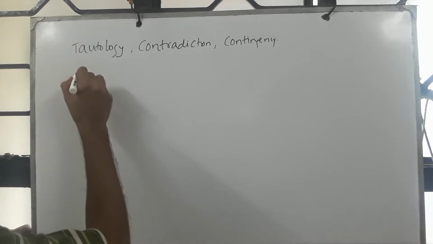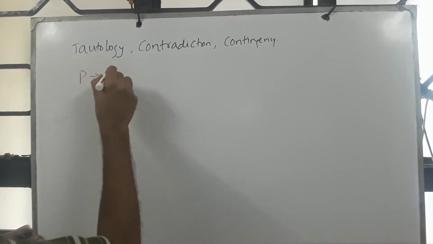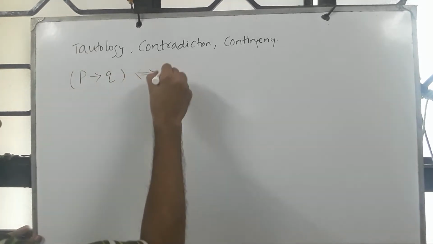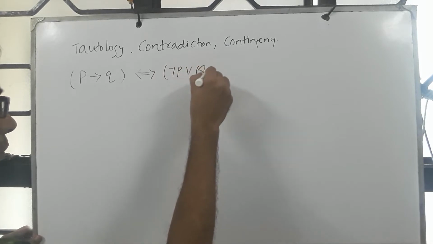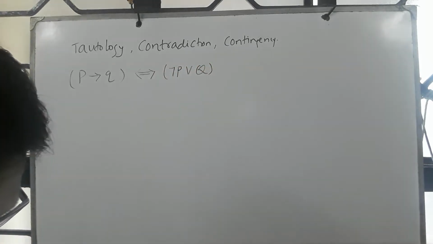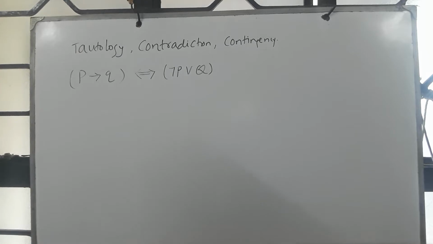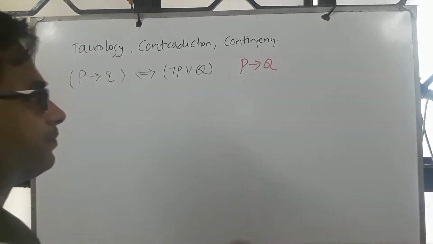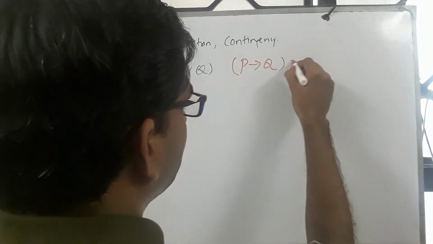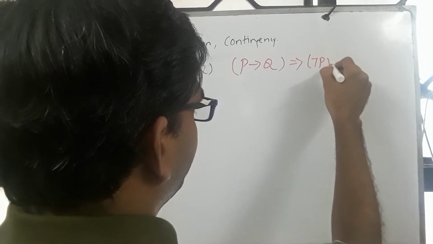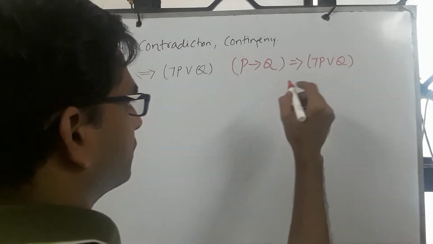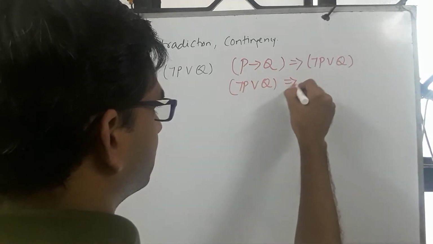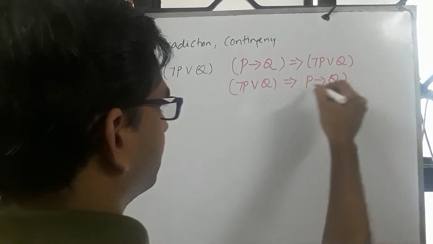So we saw that P implies Q is equivalent to writing negation P or Q. This also means P implies Q implies negation P or Q, and the converse is also true, which means negation P or Q implies P implies Q.